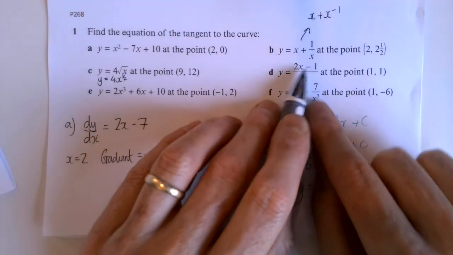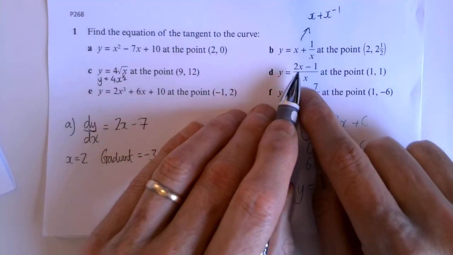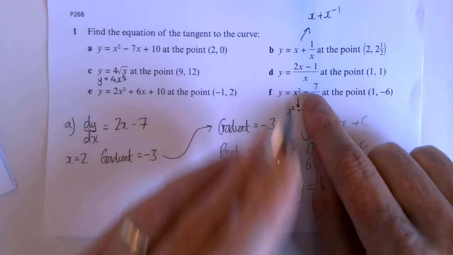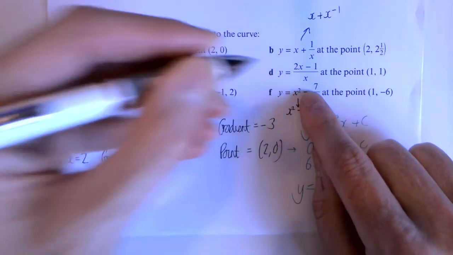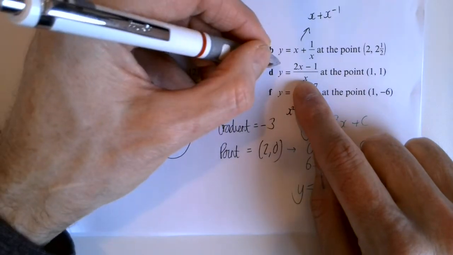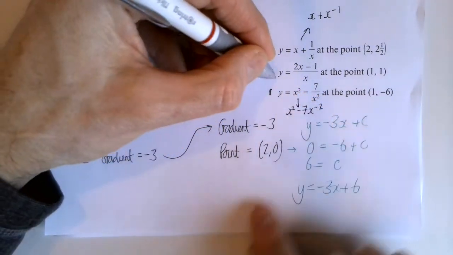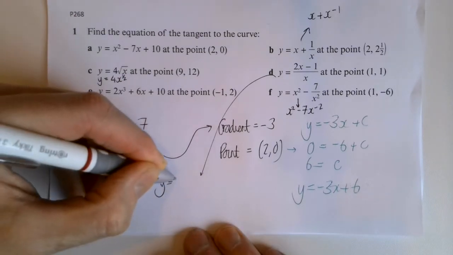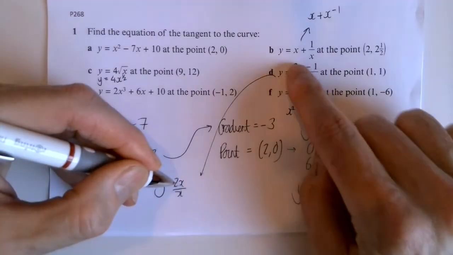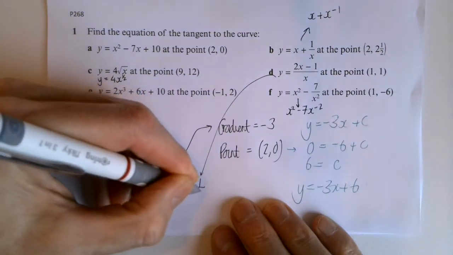And this one, we haven't come across this yet, but I'll cover it now. You've got two things divided by one thing, so I can write it as two separate fractions. I'm going to write it down here. So this is not differentiating, this is just rewriting it. So I could write it as 2x divided by x, minus 1 divided by x.